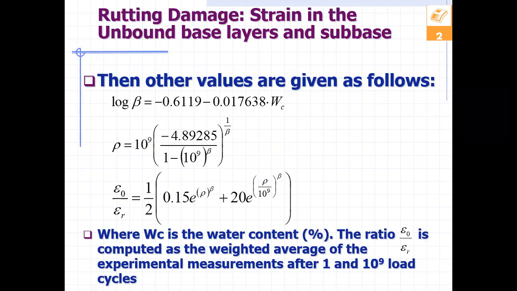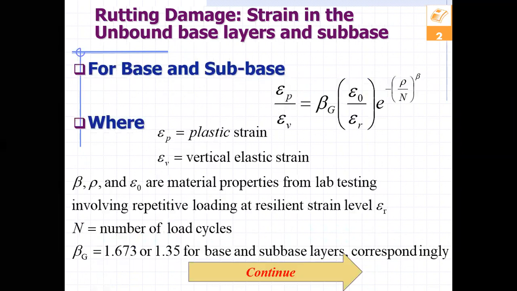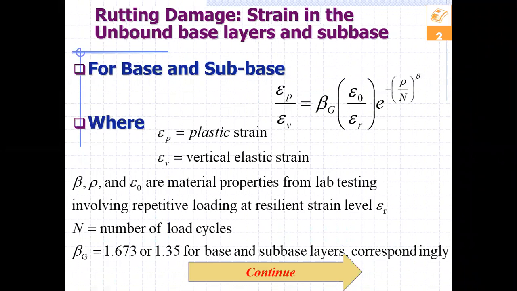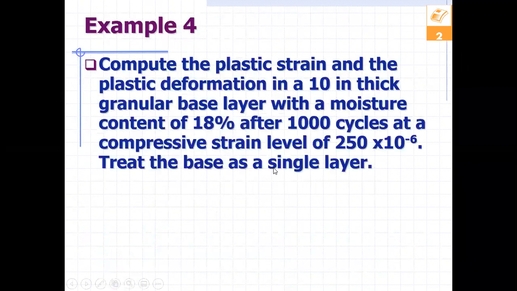And the rain depends on what climatic region you are in. And that rain also depends on climate change, right? If it is going to rain more. So there are many dependencies behind that water content. But as you can see, for the base and subbase, the water content and the number of load repetitions are the two most important elements. If you have those two, you get everything else right away. I think I have an example, yes.